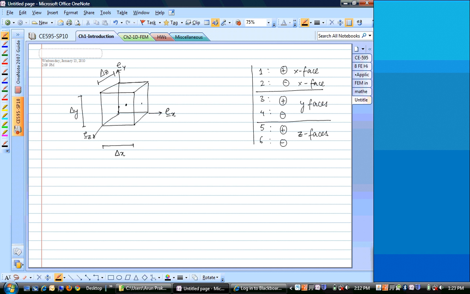If you go to the center point of this face, the positive x face, which is face number 1, then I can represent the tractions that are acting at that location by something that should be familiar to you: sigma xx, sigma yx, and sigma zx.